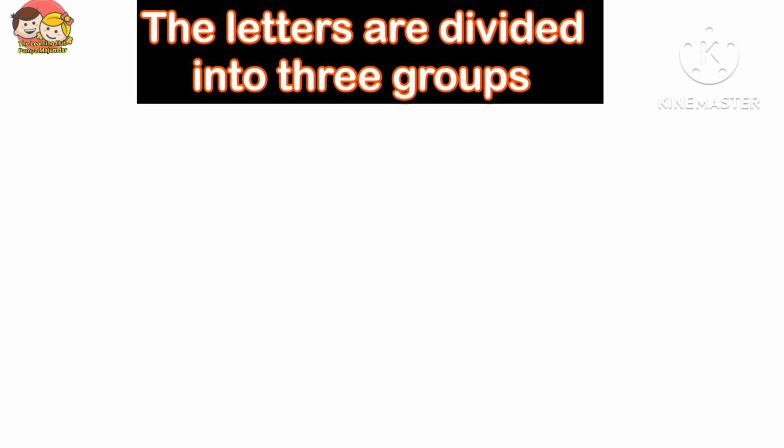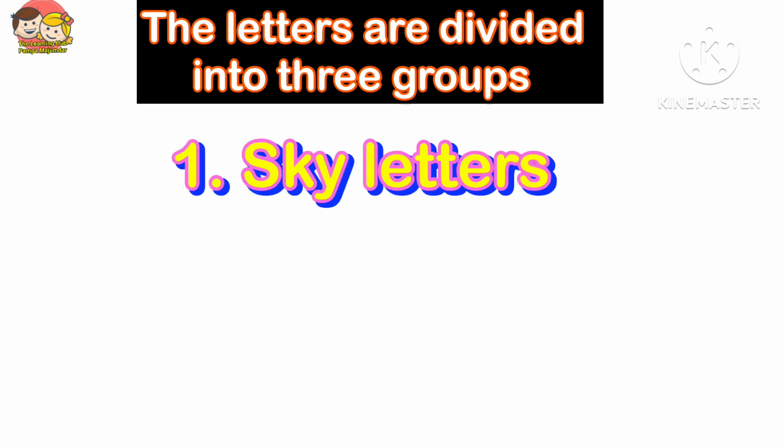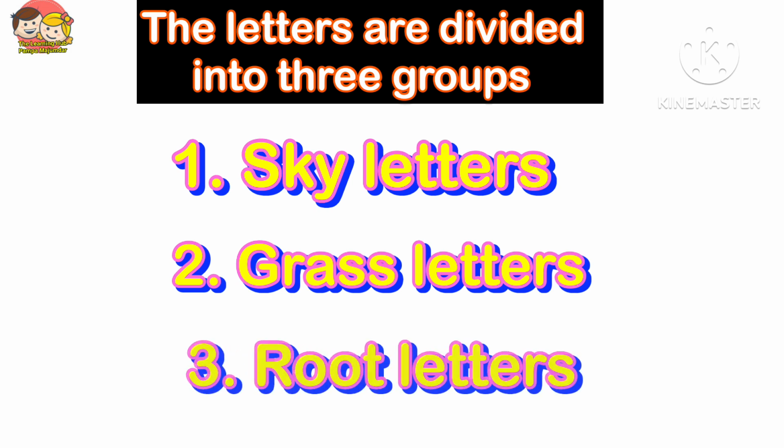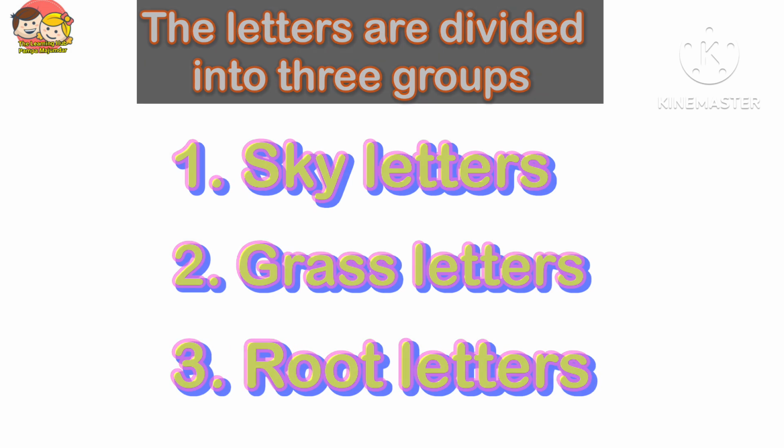So the letters are divided into 3 groups according to their position. Number 1, sky letters. Number 2, grass letters. And number 3, root letters.